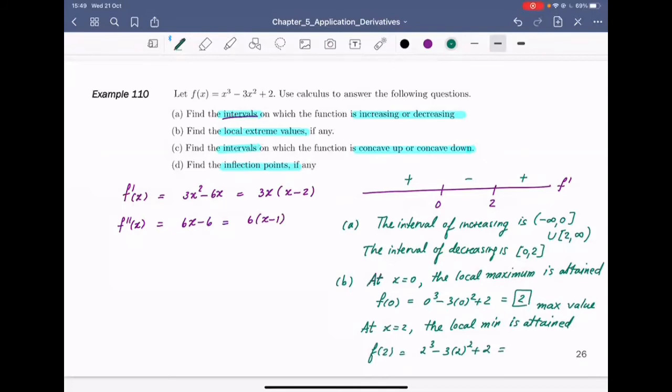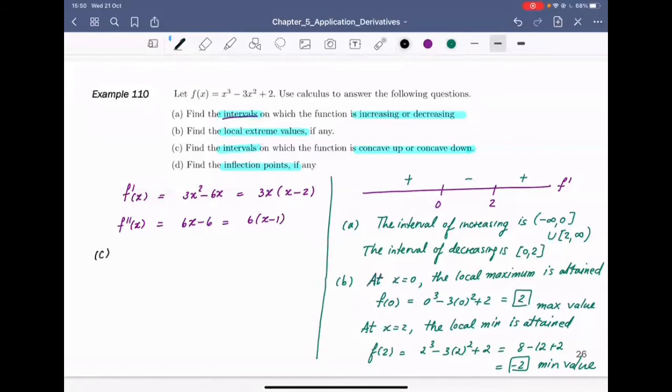Well, I am happy that you think that, because this is the easy one for the final exam. 2 cubed is 8, minus 12, and then plus 2, negative 2. This is the minimum value. All right, A and B are easy like that. So let's do part C.